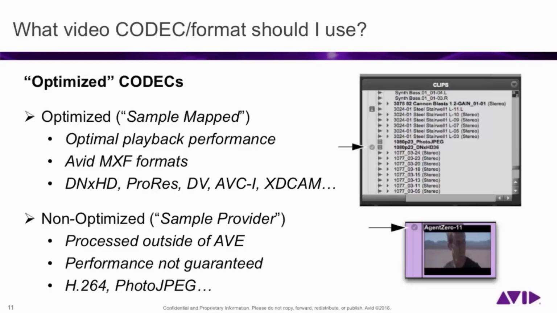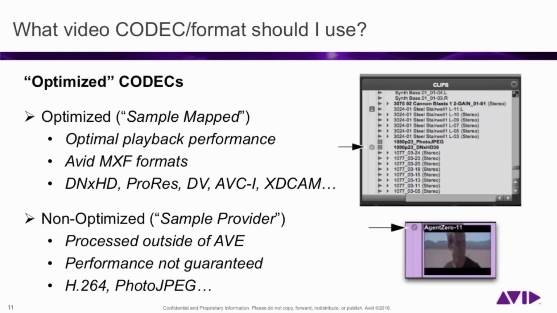But this breaks it down quite nicely, that it can actually matter depending on what codec you're using. So what we always want to do is stick to optimized codecs to take full advantage of the video engine to its full extent.